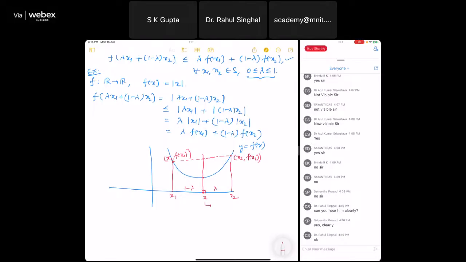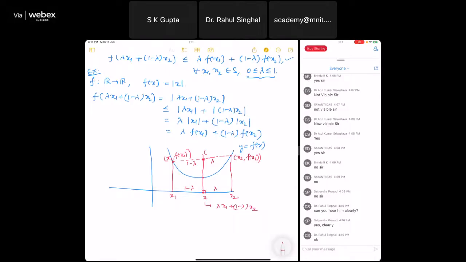So this x will be lambda x1 plus (1 minus lambda) x2. This is very simple because if the ratio is (1 minus lambda) is to lambda, then x is nothing but this. And the same ratio is followed here also, (1 minus lambda) is to lambda. So you can find out the coordinate of this point also.